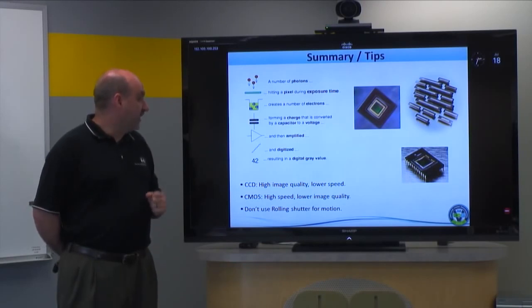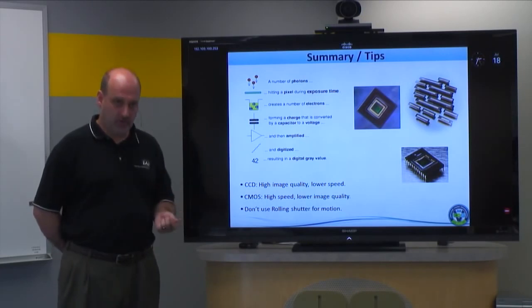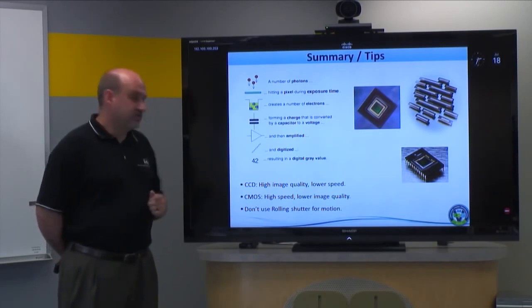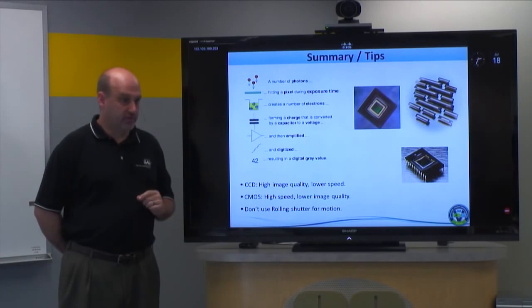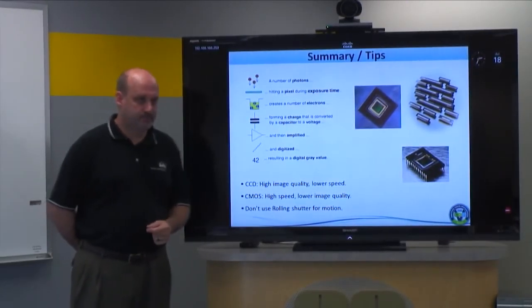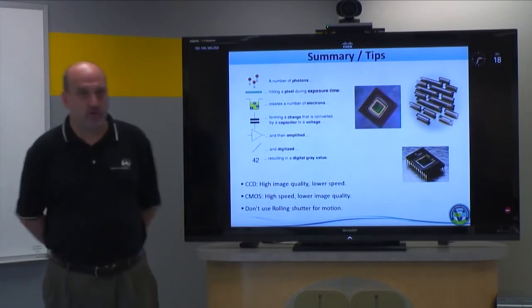CCD then is high image quality, but typically lower speed. CMOS then tends to be higher speed, but lower image quality. And again, pay attention to whether you have a global or a rolling shutter situation, and don't use rolling shutter for motion. This concludes section 1 of the presentation.